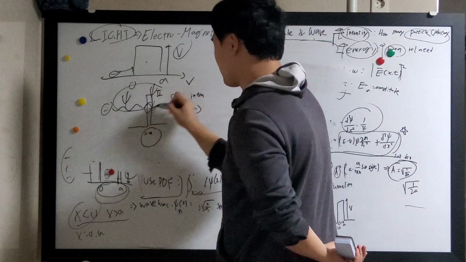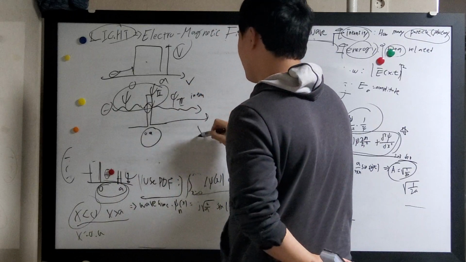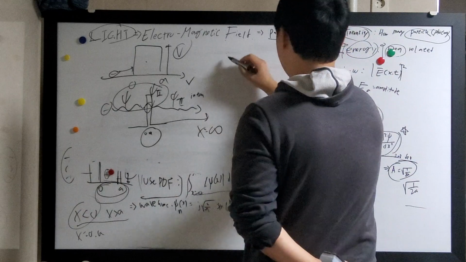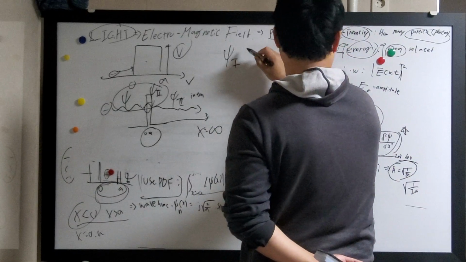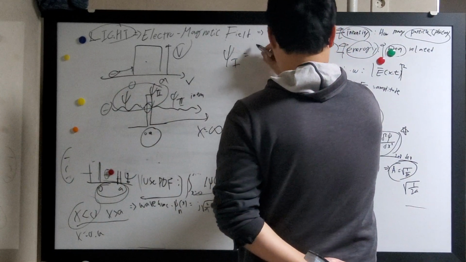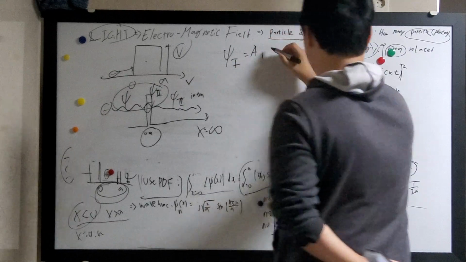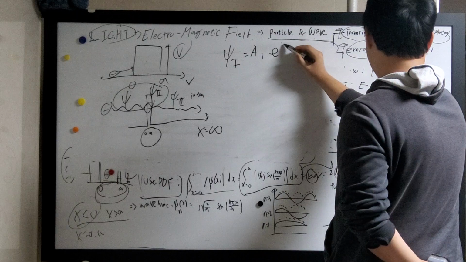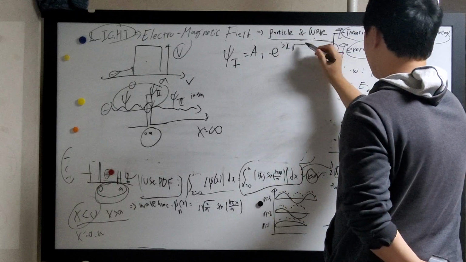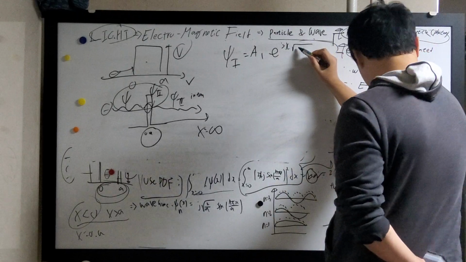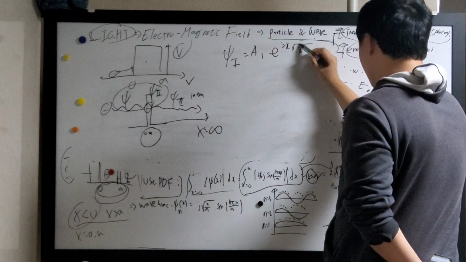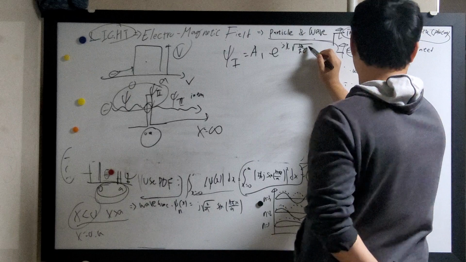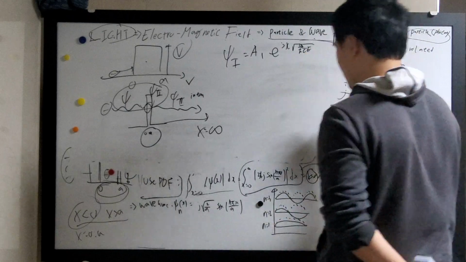Looking only at this one, where the distance is infinity, the wave function ψ1 can be stated as A1 exponential j, square root of 2m over h bar squared, and the total energy.